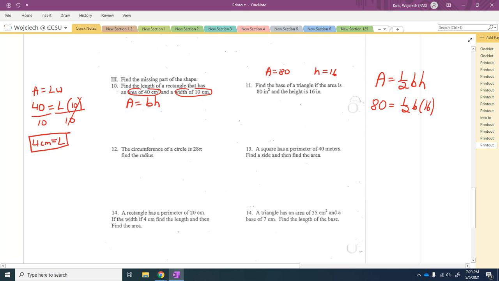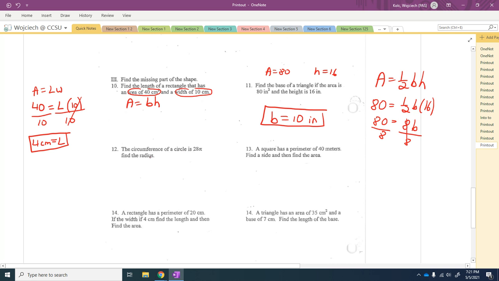Please remember, this is B, not 6. So 80 equals half of 16 is 8, so it'll be 8B. Now to get B by itself, divide by 8, divide by 8. So the answer is B equals 10 inches. If you want to check your work, multiply half times 10 times 16 and you will get 80.